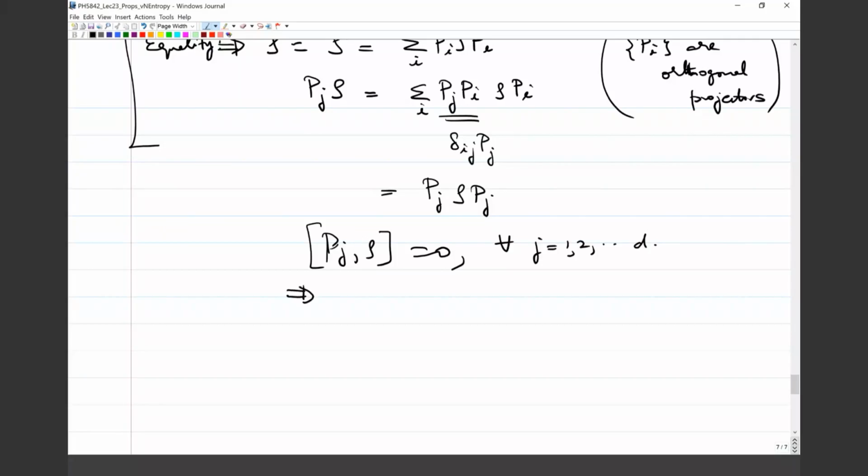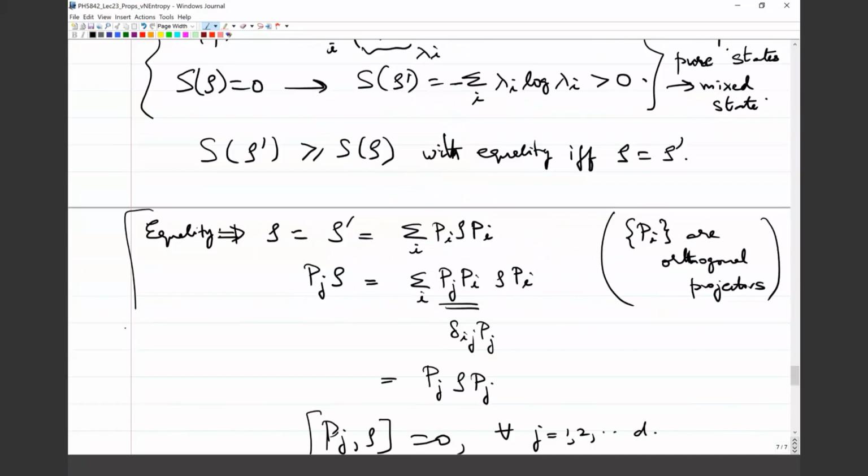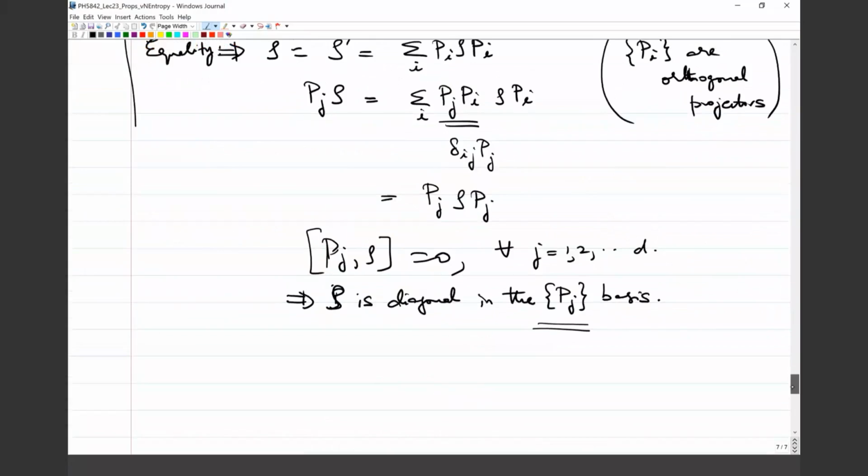This can happen if and only if rho is diagonal in the measurement basis. Which means that a spectral decomposition of rho will involve essentially the same set of projectors, right? That is when you can have the final state be the same as the initial state after an orthogonal projective measurement. This is just a bunch of steps to convince you of that.